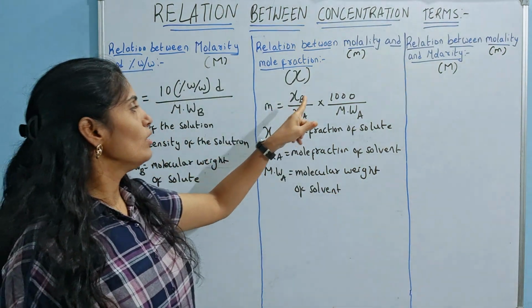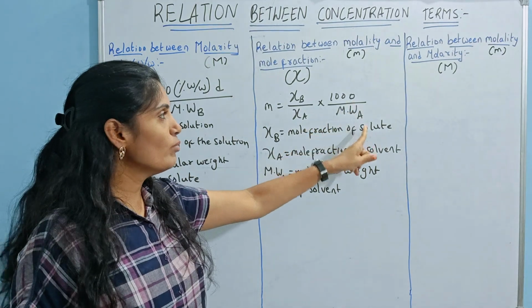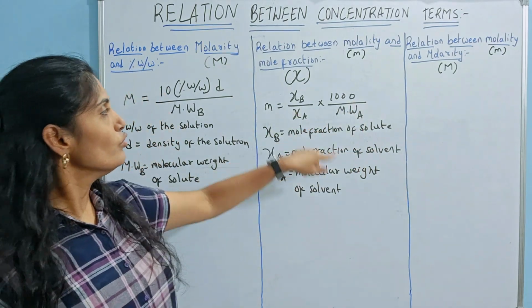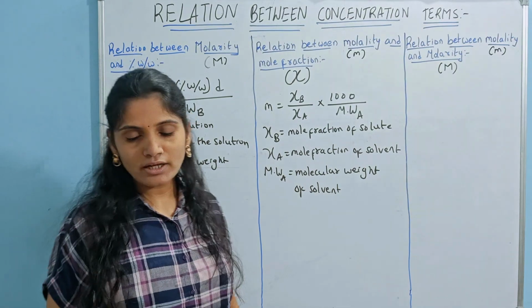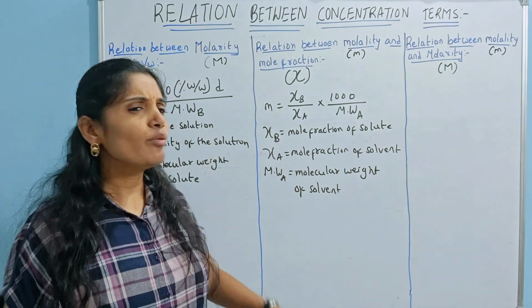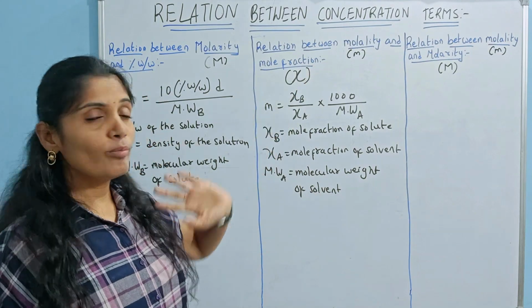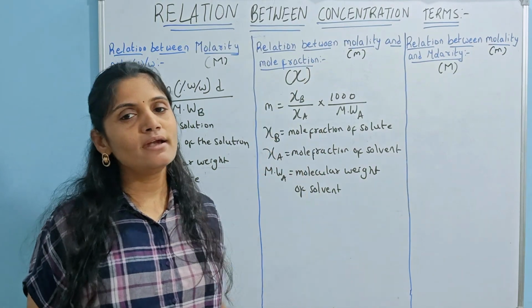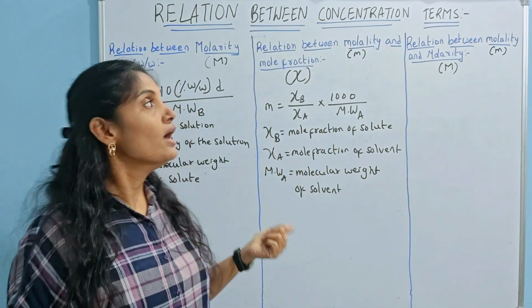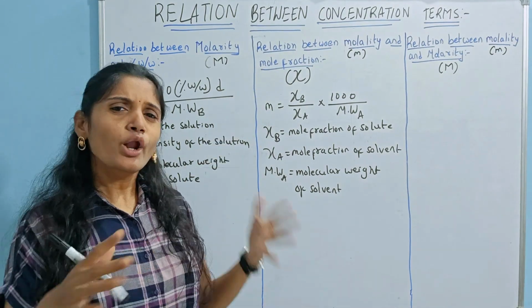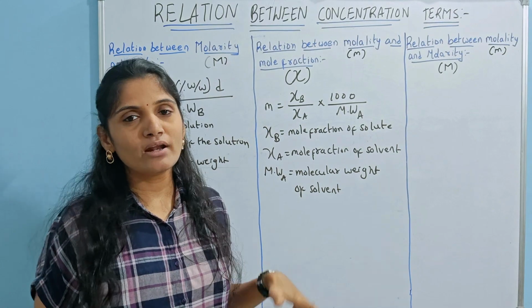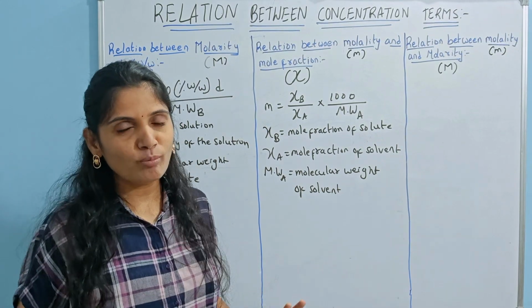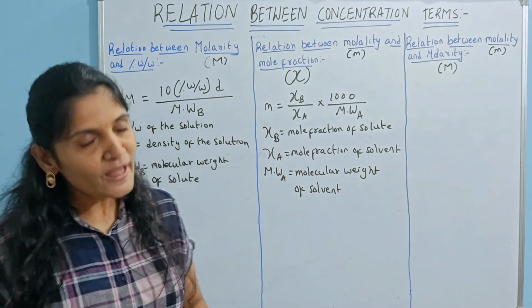Small m is equal to chi B by chi A into 1000 by molecular weight of A. We use this formula to get the relationship between mole fraction and molality in the question. If they give the mole fraction, it is easy to know the molality. If they give the molality, it is very easy to understand the mole fraction. Any quantity in this you can find out. You will get a better understanding of how we apply these formulas when I start teaching you numericals.